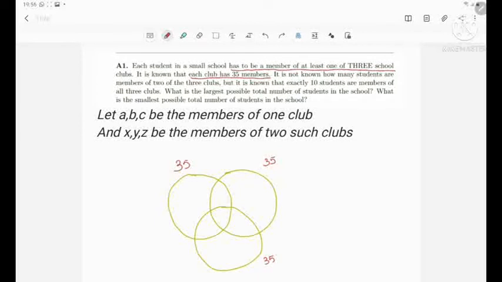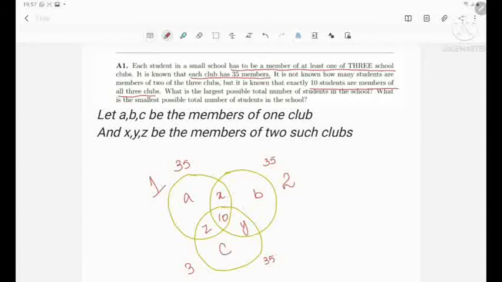And the number of members in club 1 alone is A. The number of members in club 2 alone is B. The number of members in club 3 alone is C. And the number of members in both the first and second club is X. The number of members in both 2 and 3 is Y. The number of members in both clubs 1 and 3 is assumed to be Z. And it's also given that 10 students are members of all 3 clubs, which should be marked here.